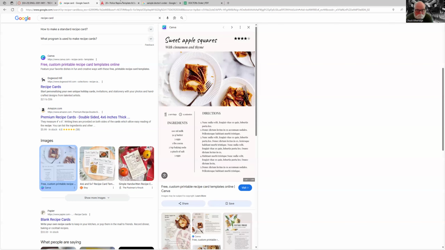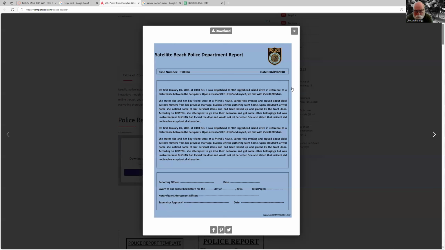Another example is a police report. Different cities have different formats, but you've generally got the name of the city. In this case, it's Sacramento, California. You've got the case number, the date that it happened, and then the writing, which is very, very specific. I won't go through the whole thing, but on this date at this time, I was dispatched to this address in reference to a disturbance between occupants.